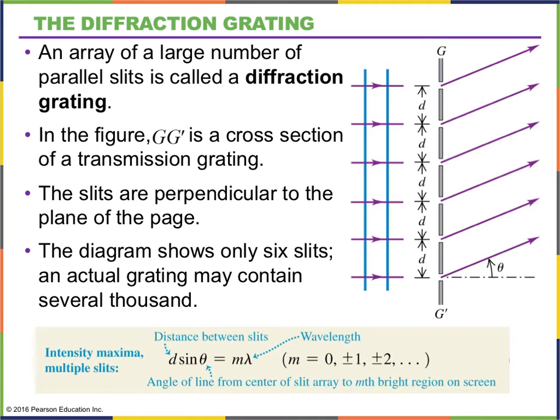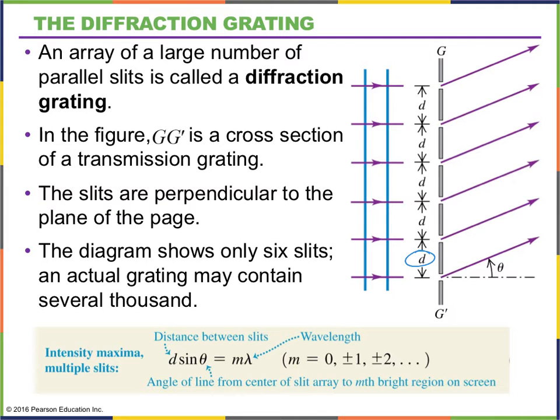Now, as we're looking at the diffraction grating, instead of talking about the width of the openings, we talk about the distance between two adjacent openings. In this picture, the distance between two openings is shown to be d.